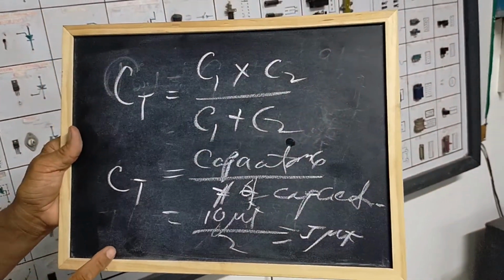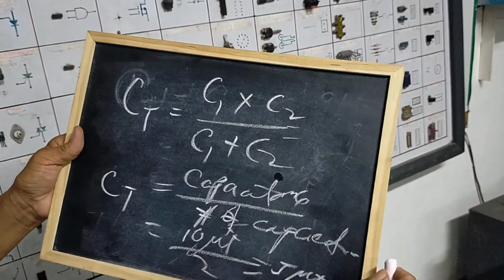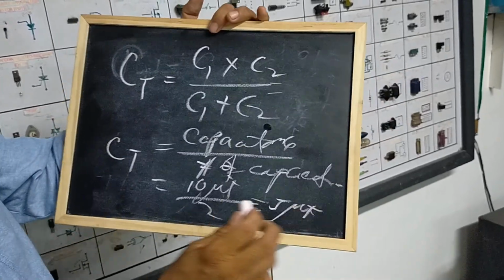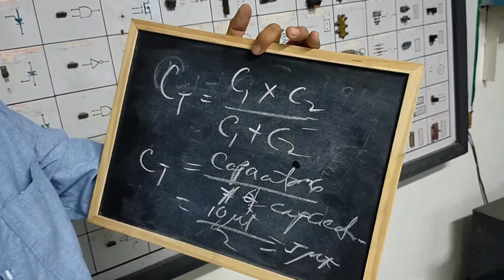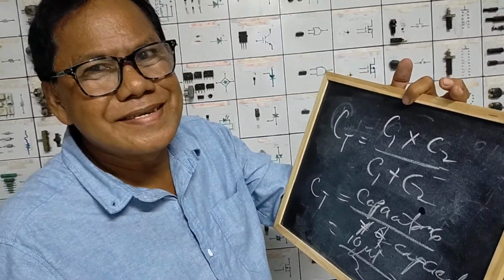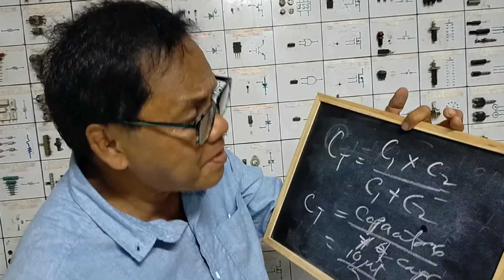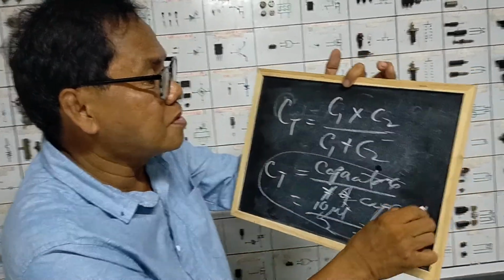So it is lower than the lowest capacitance. Or you may use this formula, but it is more complicated. This is more applicable if the two capacitors have different capacitances. But since they have the same capacitance, it is better to use this shorthand version.